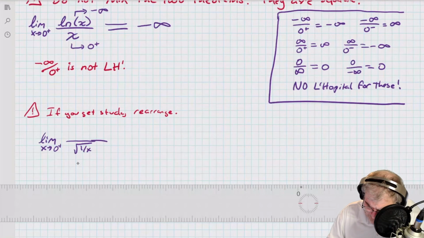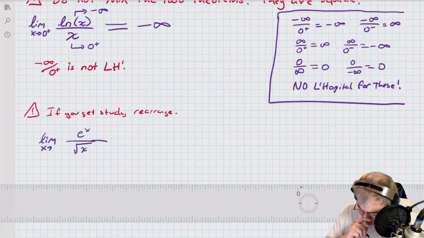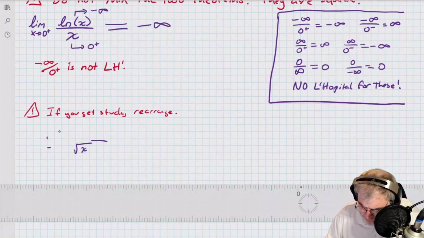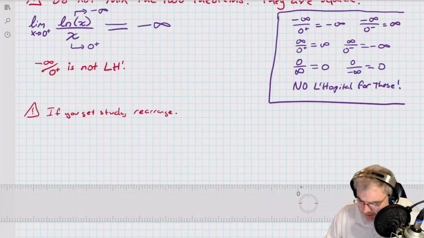Let's do something else that goes to infinity, the square root of x e to the x. I think this one will give me something bad. Okay, I've got to come up with another example. I'll come up with one and do it later.